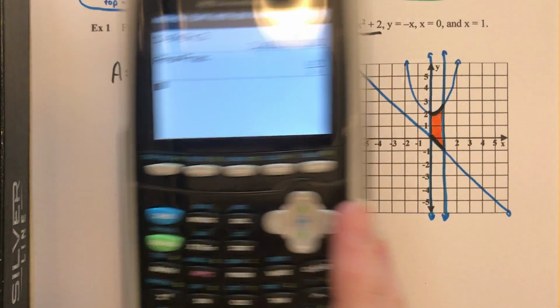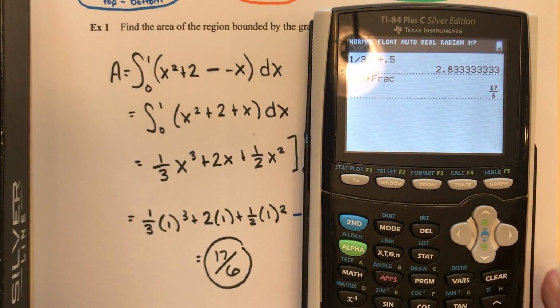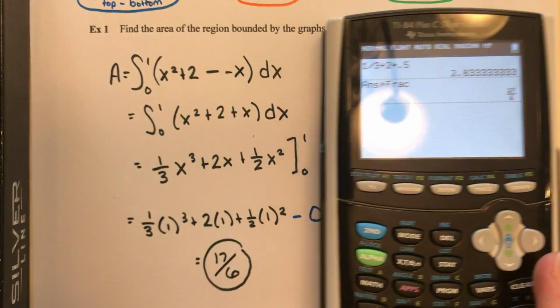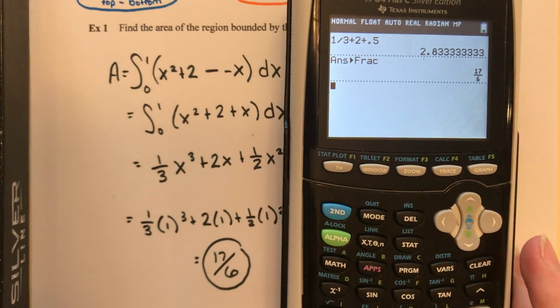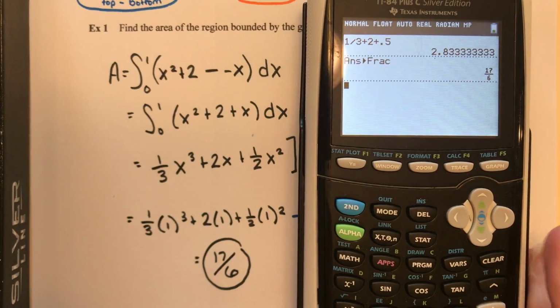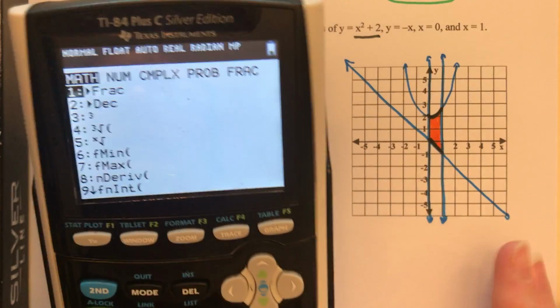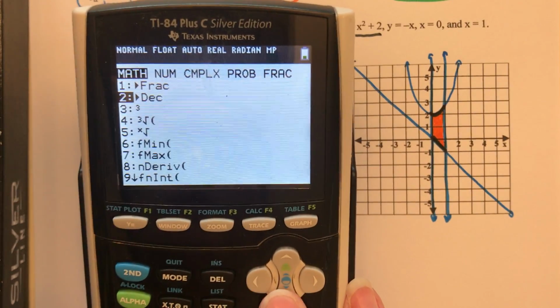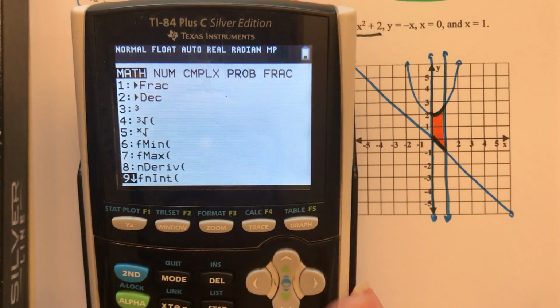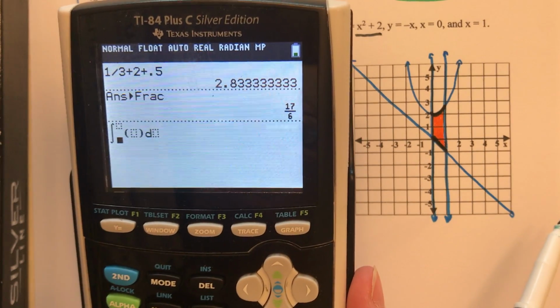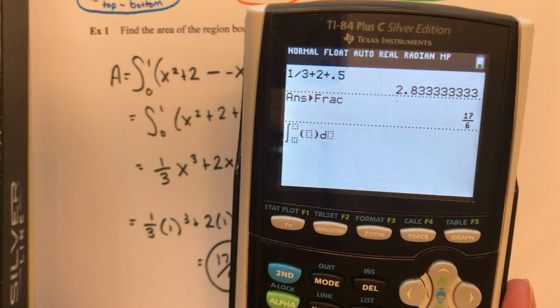So with these ones, we can't do a graph. So hopefully you've been practicing using the main screen for your integrals. Sorry if my lights are reflecting on my calculator. So we're going to go to math on the main screen. Shift it like this. We're going to go to number 9, function integral. And we're going to type it in exactly how we wrote it on our paper.